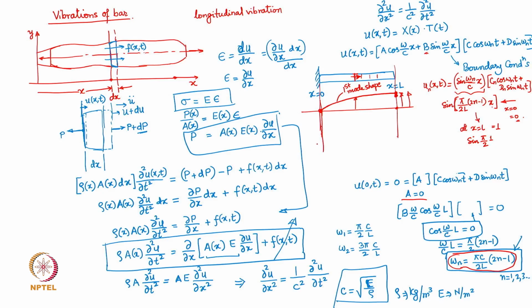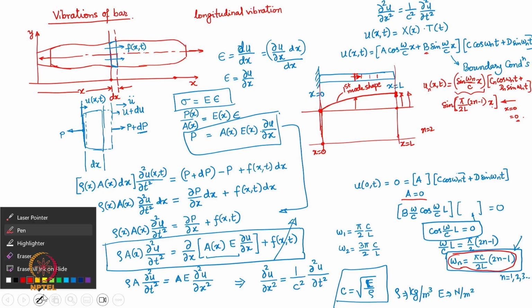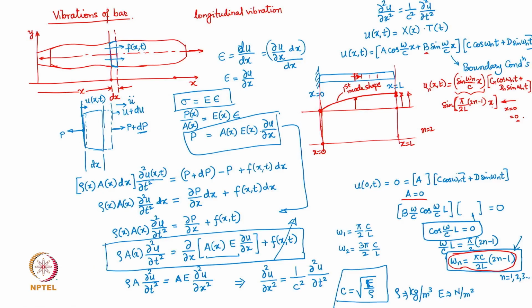Let's look at the second mode shape. x equal to 0 and x equal to L for n equal to 2. How much will that be? At x equal to 0, it's the same irrespective of n, so this is still going to be 0.